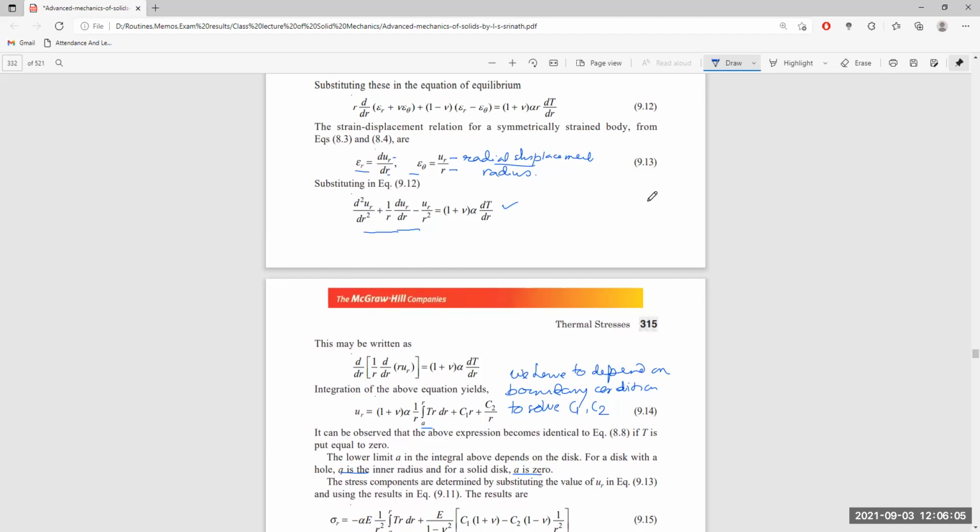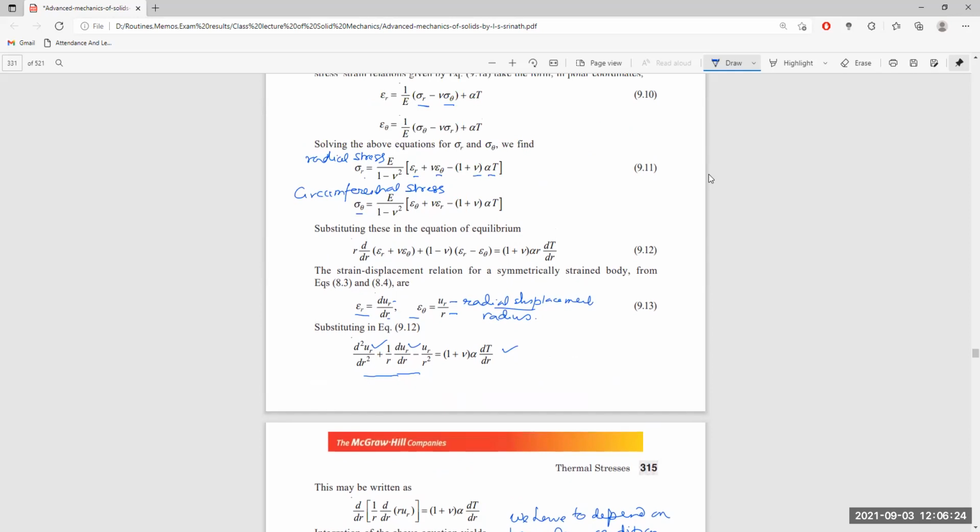Using equation 13, we have to substitute the value of the integral, which is given here, and using the result in equation 11 also, we get the values of sigma r and sigma theta.